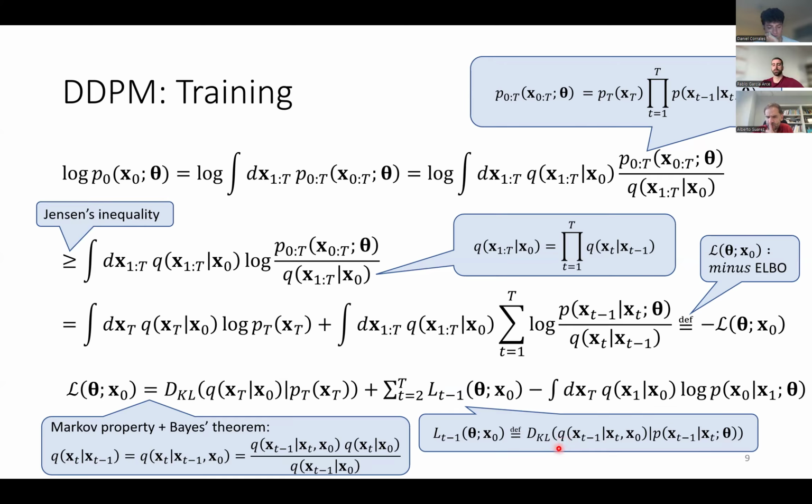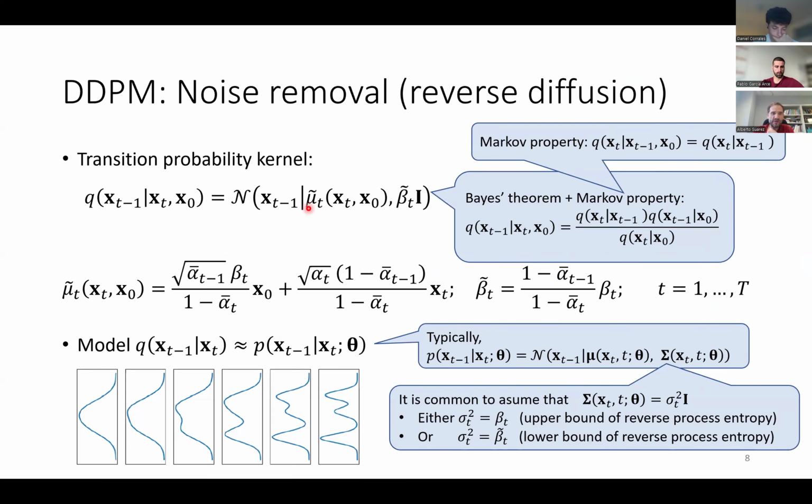the conditional probability of the image with less noise when you have an image with higher noise and you have the initial image. Now, again, this quantity you don't have, because it depends on this mu tilde.